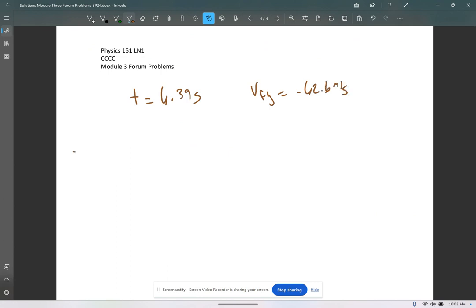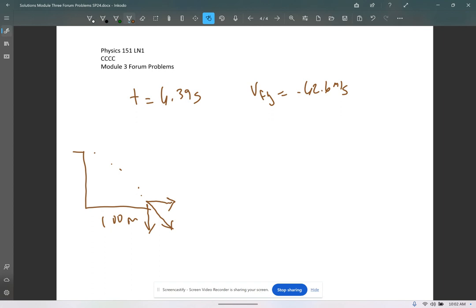The other thing we know is that when it landed, it was 100 meters away. So let's just talk about that velocity. We know this component of the velocity, we just found it. It's negative 62.6. We need to know this component of the velocity so that we can find the velocity it actually hits the ground with, right? This is what we're looking for here. We need to know the x component.